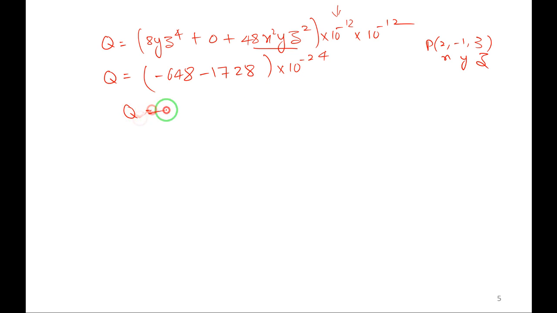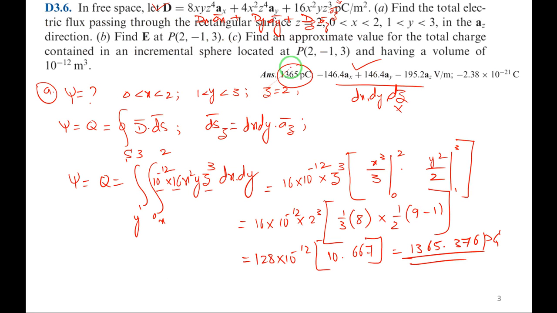So Q is equal to minus 648 minus 1728. I'm getting minus 2376 into 10 power minus 24 coulombs. Cross verify: this is minus 2.376 into 10 power minus 21.